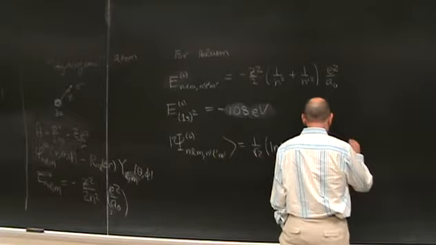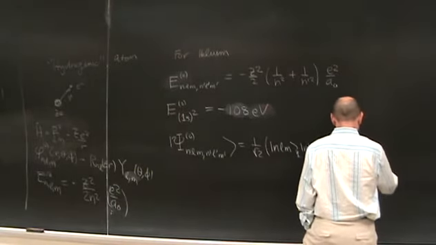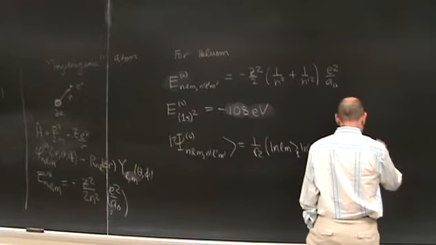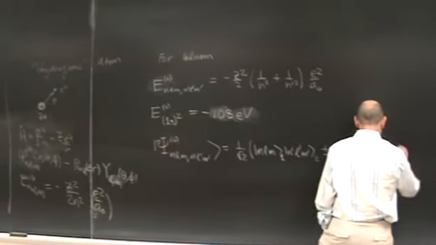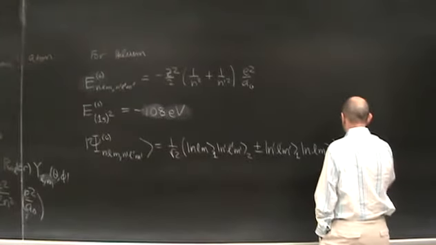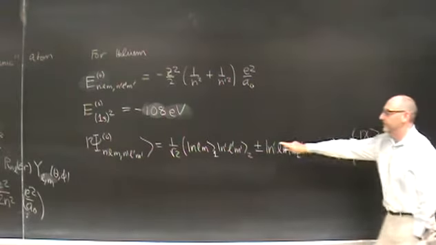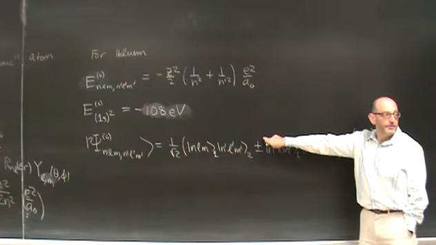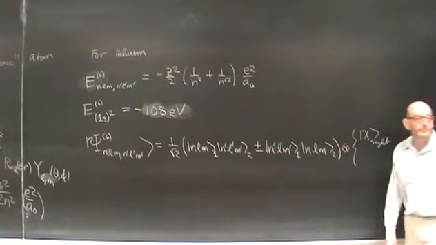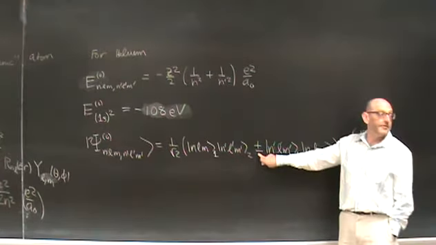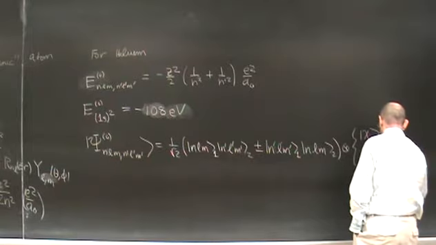But I have to appropriately anti-symmetrize the whole wave function. So electron 1 could be in that orbital and electron 2 in this orbital, and then I have to pair it appropriately: if it's symmetric in space, it has to be anti-symmetric in spin, and if it's anti-symmetric in space, it has to be symmetric in spin.